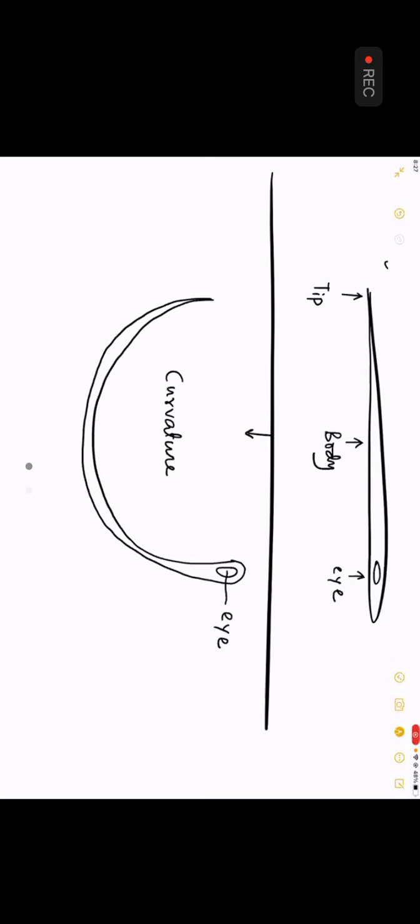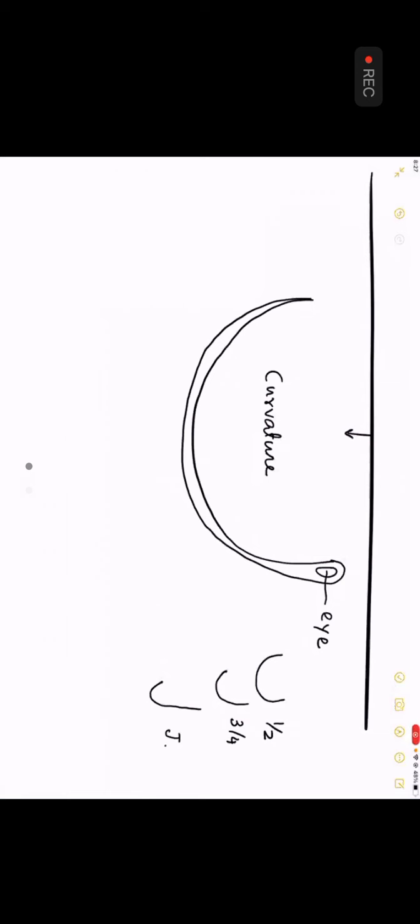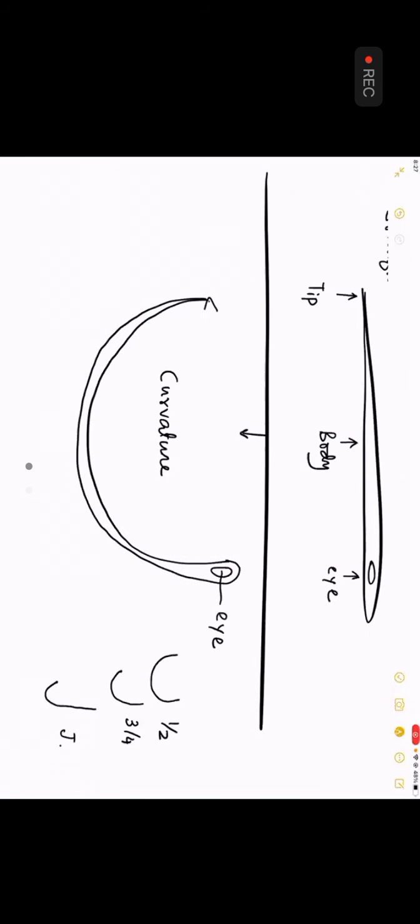The curvature of the needle can be half, or 3/4, or like a J. There are many curvatures that you are not required to know because curvatures determine the use. But what I am interested in is the length, L. So the L is say 30 millimeter. That means the gap between the apex and the eye is 30 millimeter.